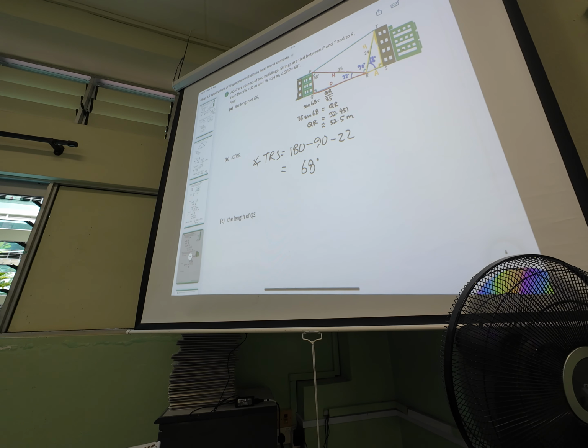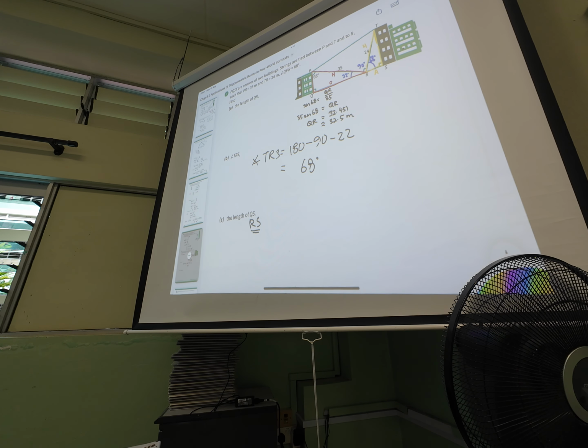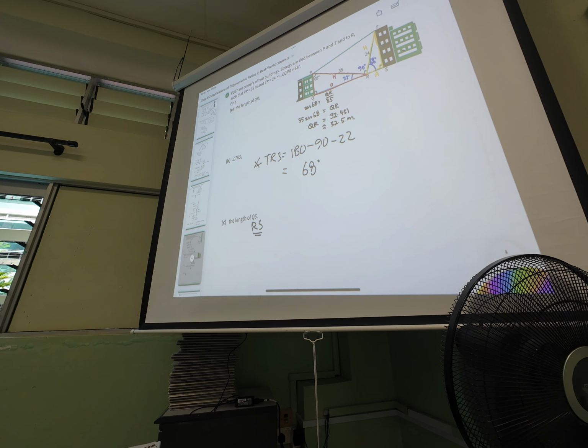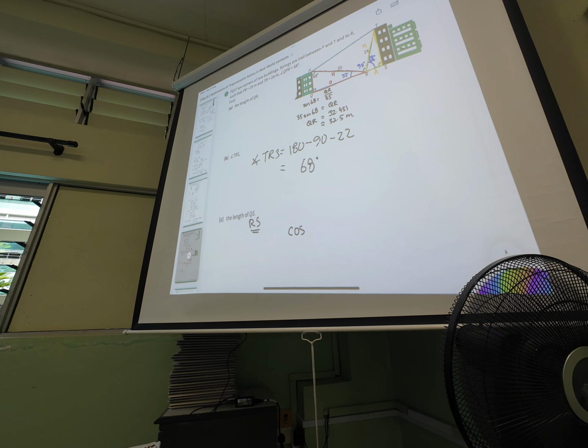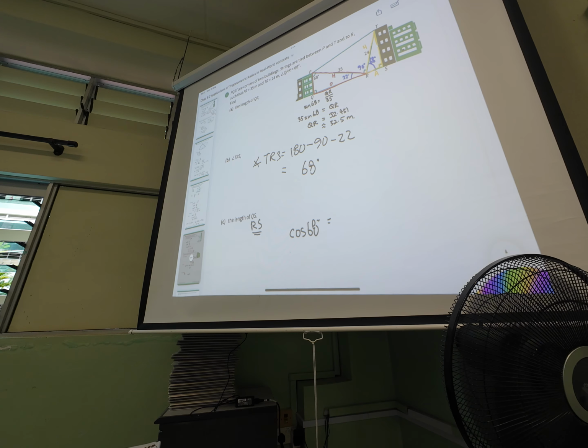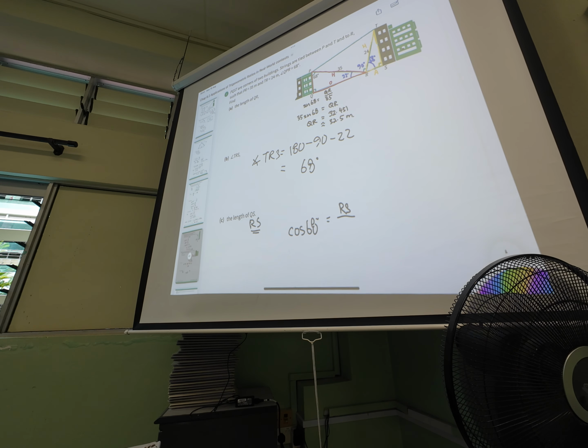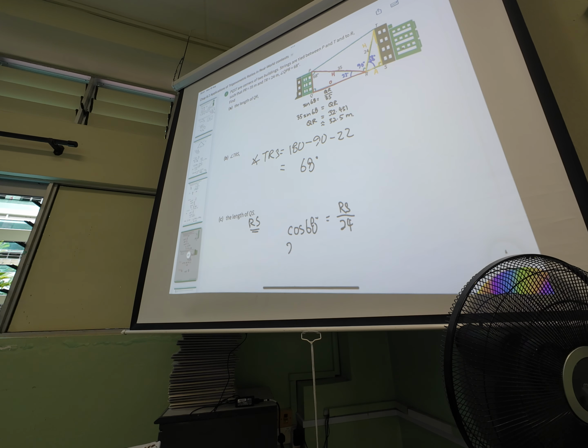To find the length of QS, I must first find the length of RS. So to find RS, I will use cosine 68 equals to RS over 24.